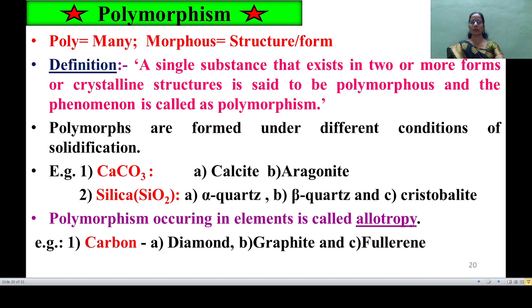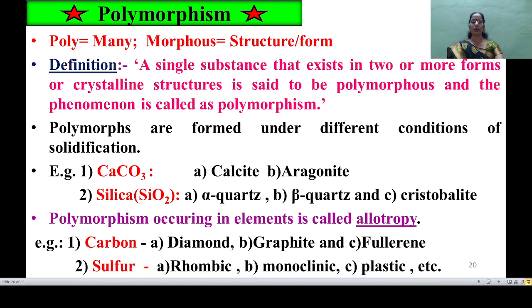Now see some examples. Here, carbon element has three allotropic forms: diamond, graphite, and fullerene. Similarly, sulfur has allotropic forms such as rhombic sulfur, monoclinic sulfur, plastic sulfur, etc.